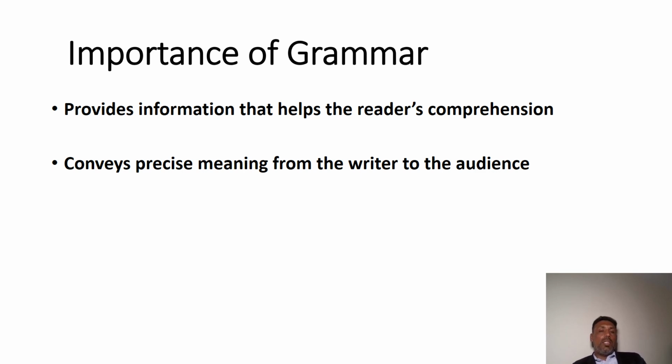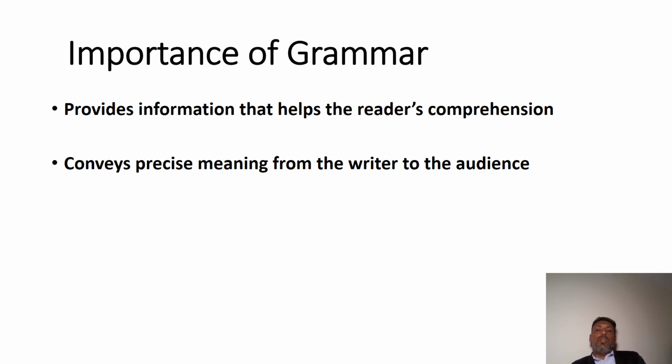Grammar also conveys precise meaning from the writer to the audience. Precise, exact. If there is systematic grammar in our written article or in our speech, the audience will understand what we want to say.